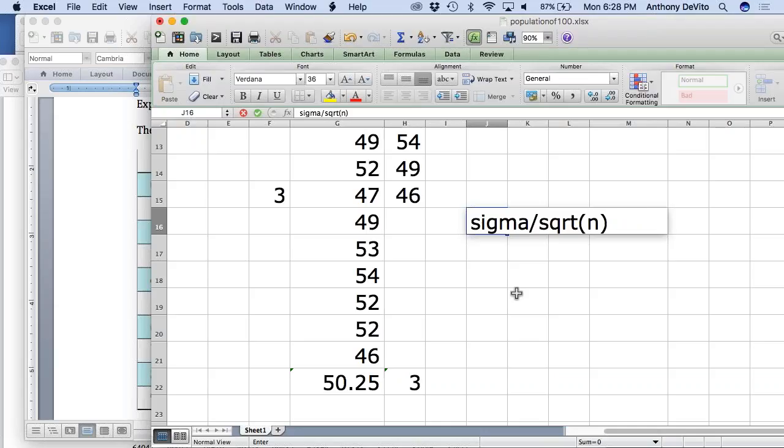The standard deviation of the sample means is equal to the standard deviation of the population, sigma, over the square root of the sample size. Okay, so now I need a new name for the standard deviation of these sample means.